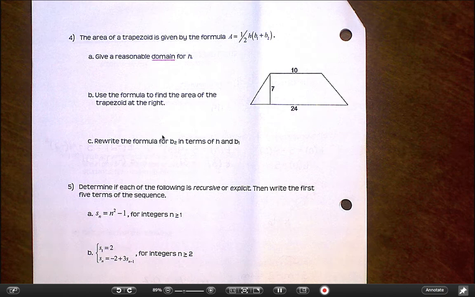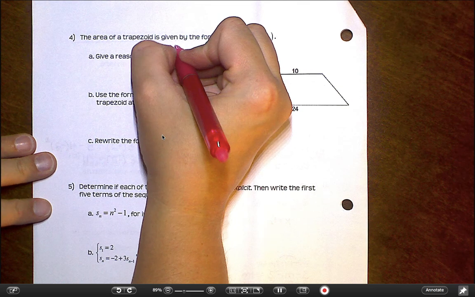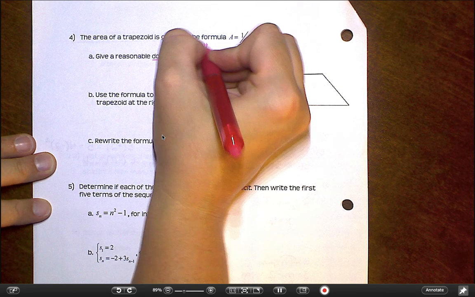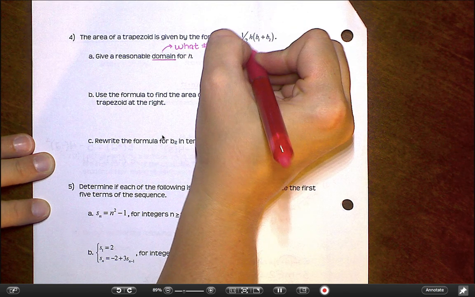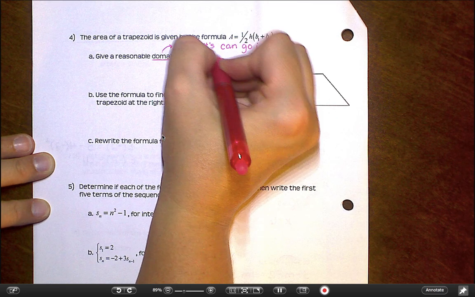The thing that I hear the most often is, oh, domain is X. You have to be a little bit more specific about it to make it make sense in your brain. Domain is saying what numbers can go in place of the independent variable?